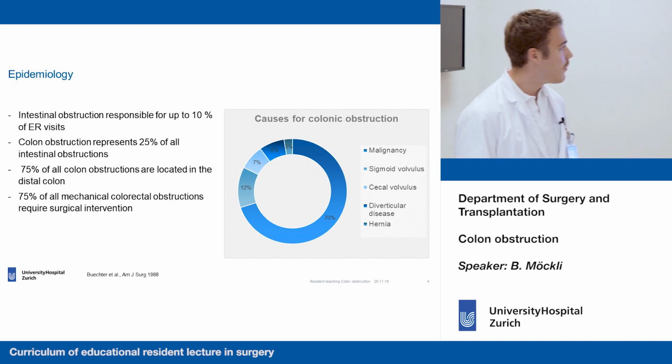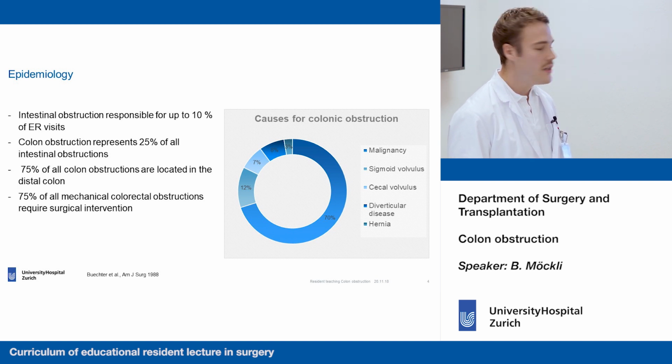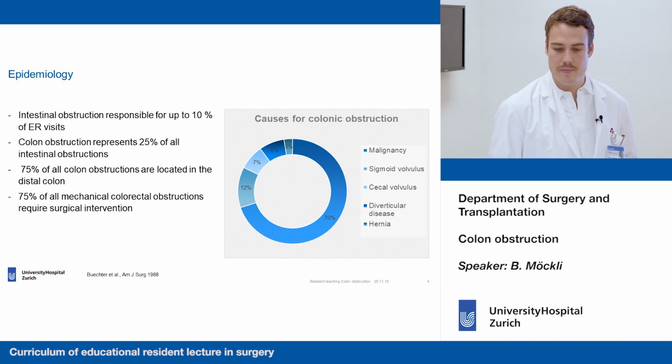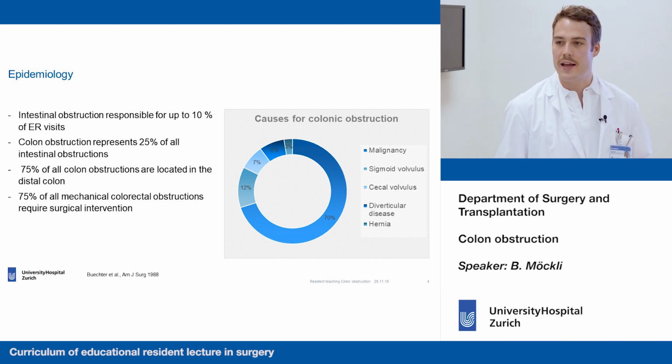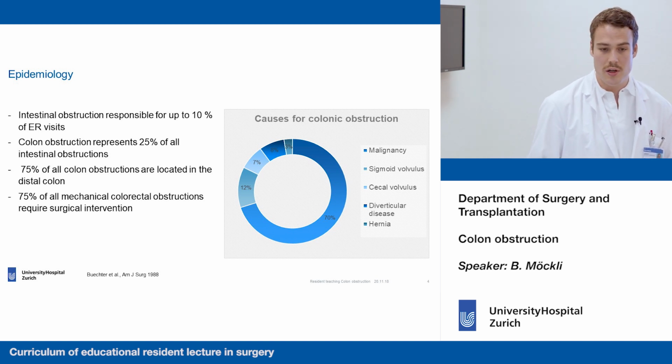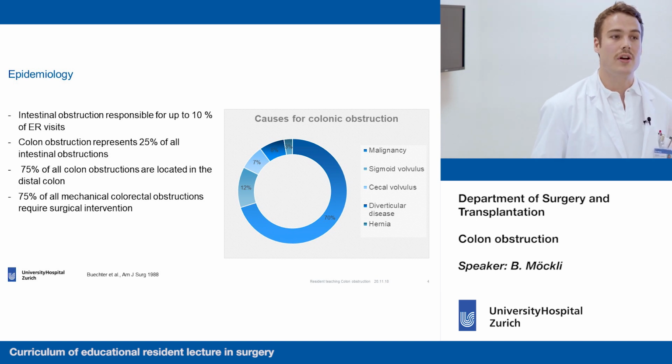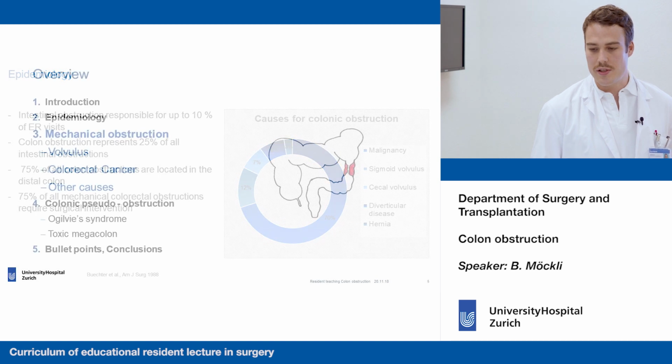The large majority of the colonic obstructions are due to malignant disease, 70%. And then cecal volvulus, sigmoid volvulus, and diverticular disease each are responsible for a little less than 10%. But there's also a myriad of causes that can cause colorectal obstruction or distal colonic obstruction, and we'll go into these different causes a little later in the presentation.